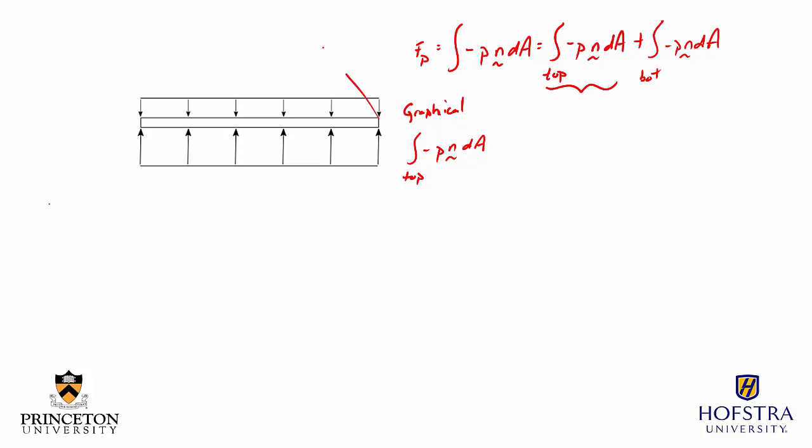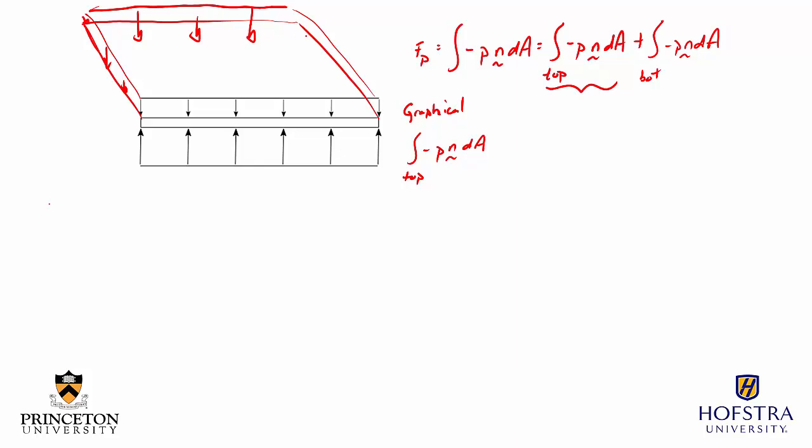I have to remember that this wing is in 3 dimensions. So if I have some distribution in 3 dimensions, it would look something like this, right? The pressure is acting perpendicular and down towards the surface at all locations.